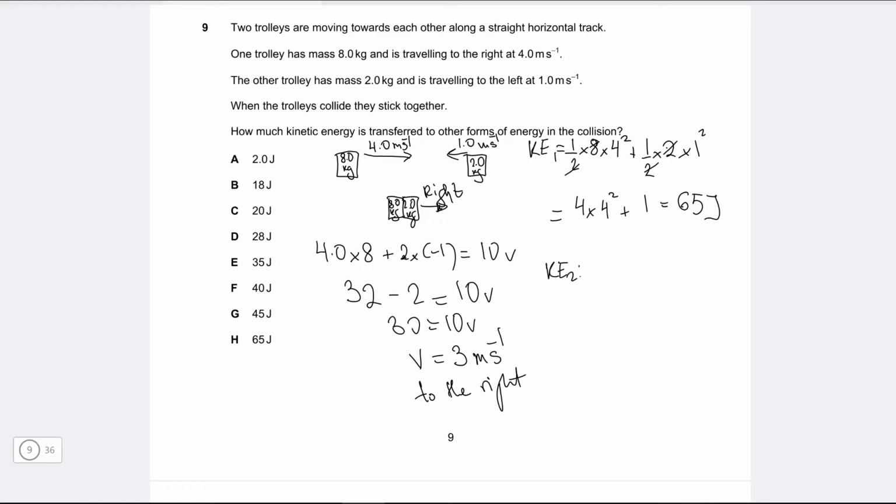And that's going to be just a half times the mass, which is 10, multiplied by our final velocity squared. So it's going to be 3 squared, which will be 5 times 9, which is 45 joules. So we can see that initially we had 65 joules, now we have 45, which means that 20 joules has been lost. So the correct answer is C.